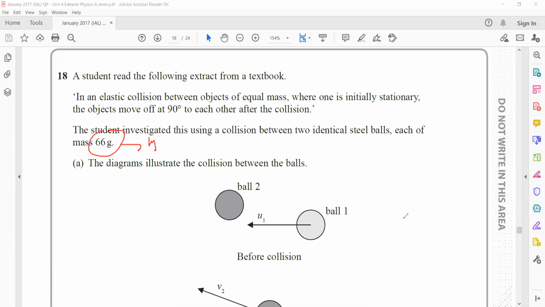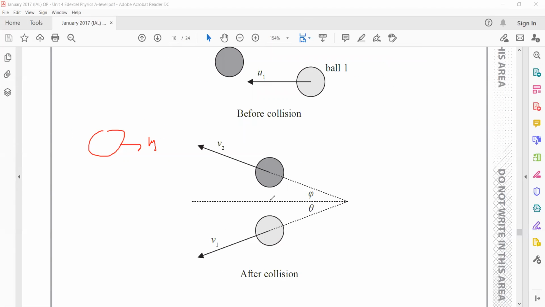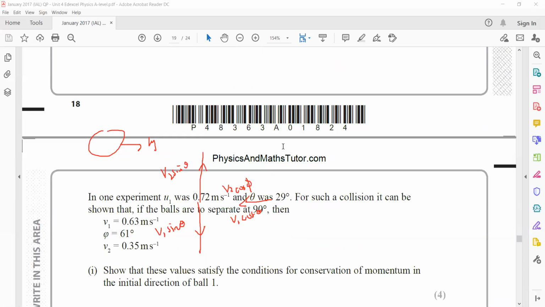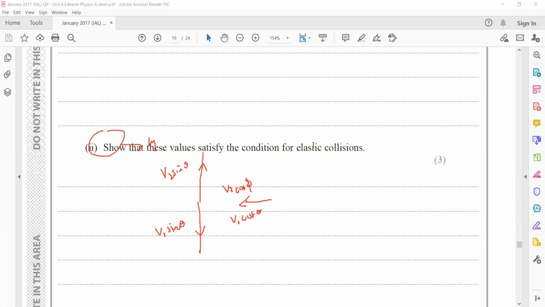In the initial direction, we'll take conservation of momentum in x. So we will resolve this into two components: along the initial direction, this will be v2 cos phi and this will be v1 cos theta; perpendicular, this will be v1 sin theta and this will be v2 sin phi. All the values are given, the mass and the final velocities. Simply substitute and show that the momentum before is equal to the momentum after collision.